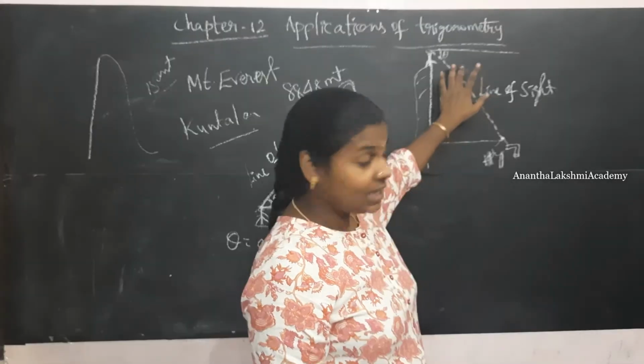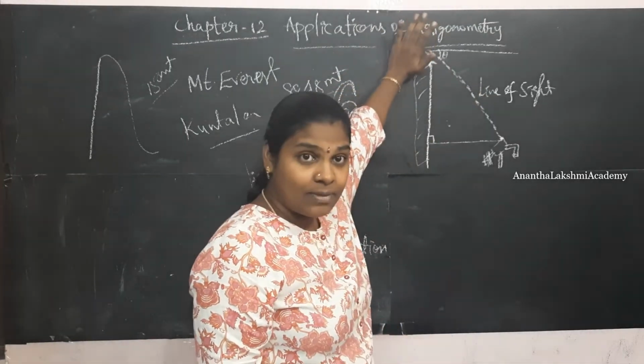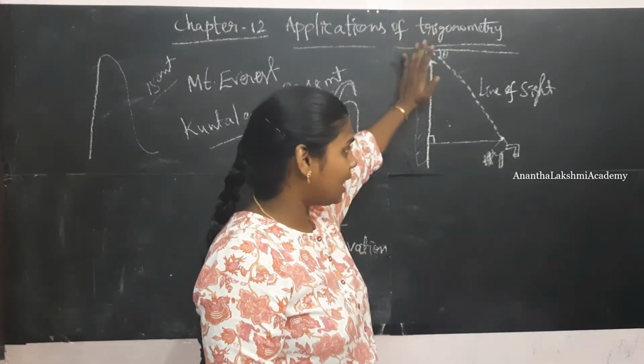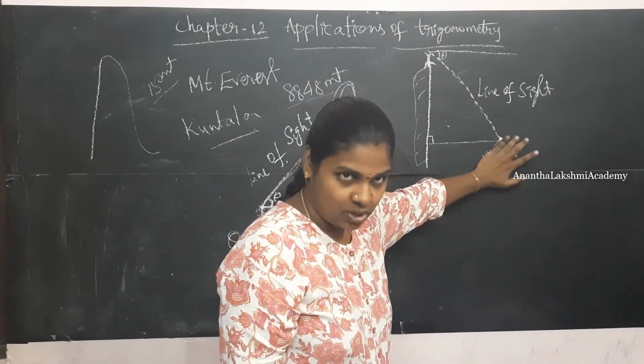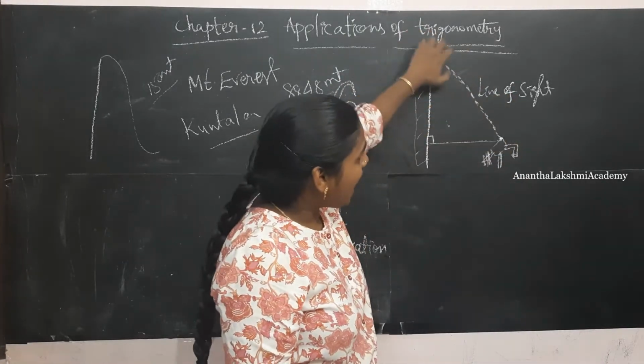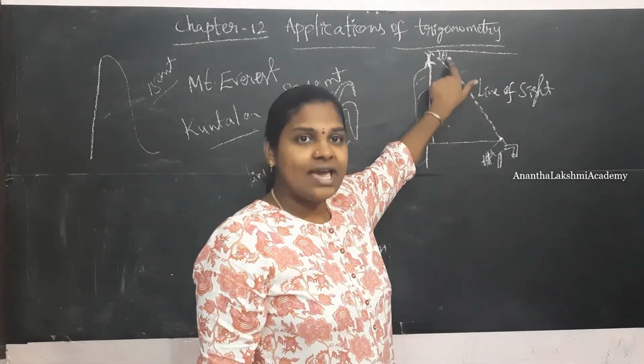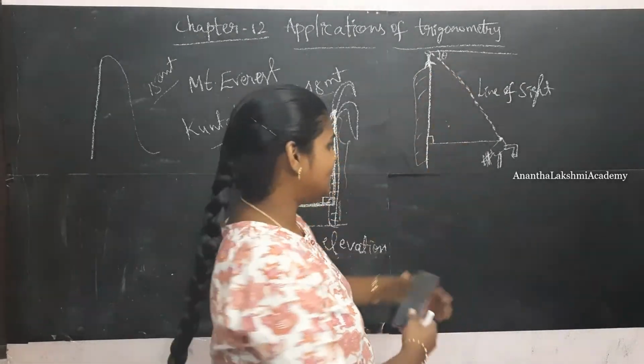Listen to me carefully. When somebody is looking from a height taller than the object, when they are looking from upside to down, the angle made with the horizontal line is known as angle of depression. What is this?